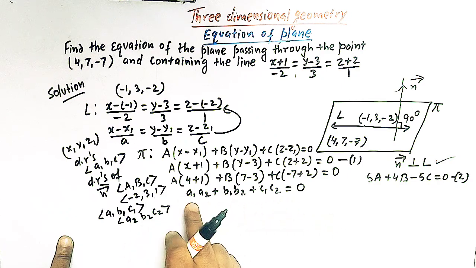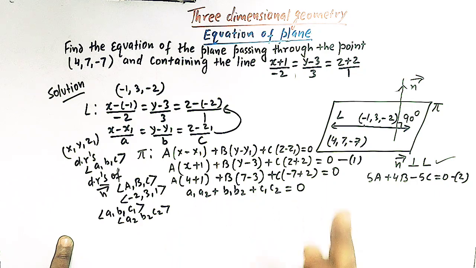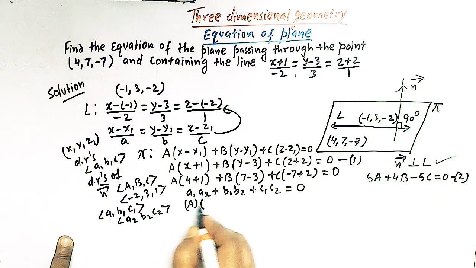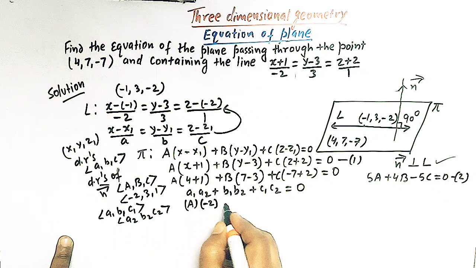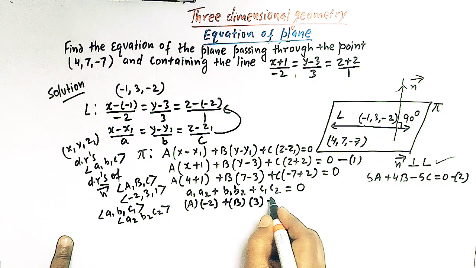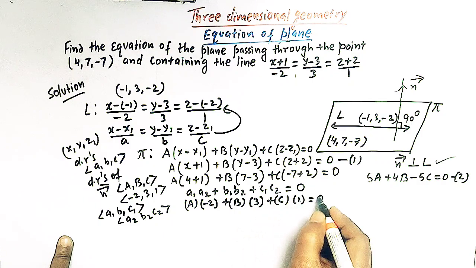So, utilizing this condition for perpendicularity of two vectors, we can now write A times minus 2, then we have b times 3, and then we have c times 1 is equal to 0.